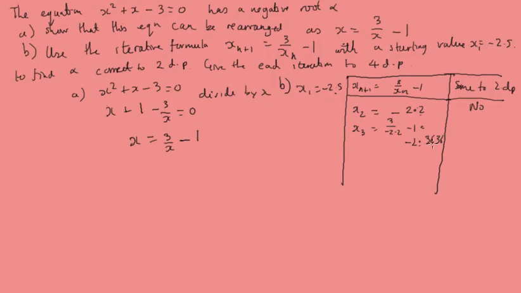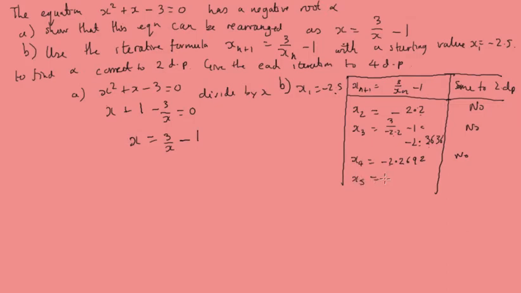So that's no. x4 is going to be equal to minus 2.2692. These are not equal to 2 decimal places.